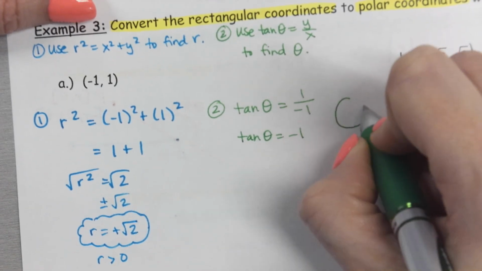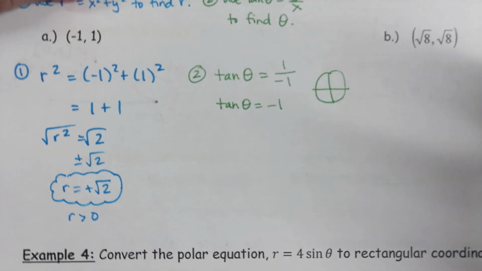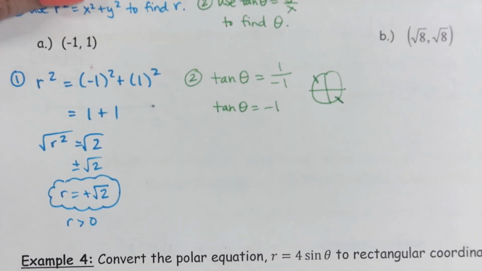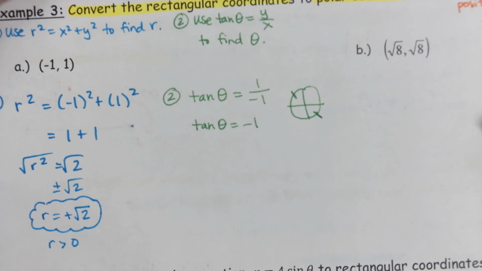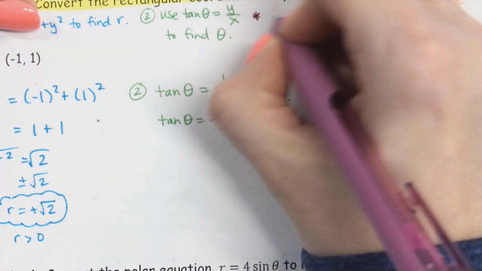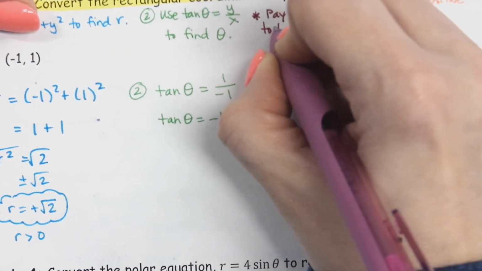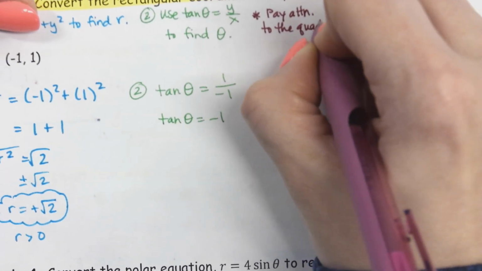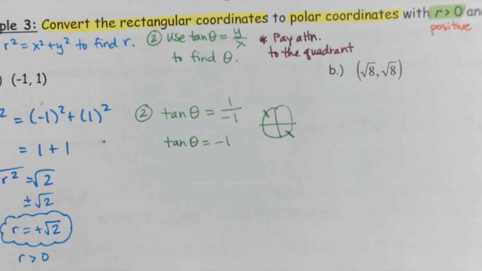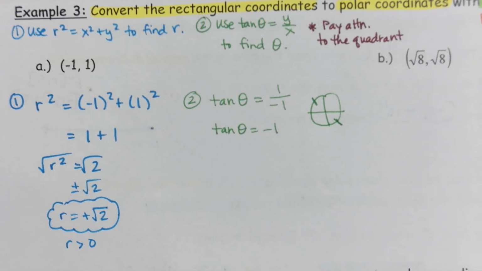But if we think of the unit circle, how many places is the tangent negative 1? 2 places. In quadrant 4 and in quadrant 2. When you're doing this, you do have to pay attention to the quadrant. So what quadrant you use is going to depend on your original point.